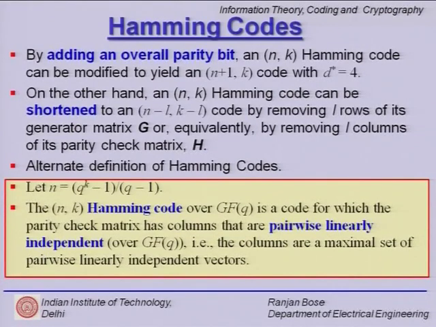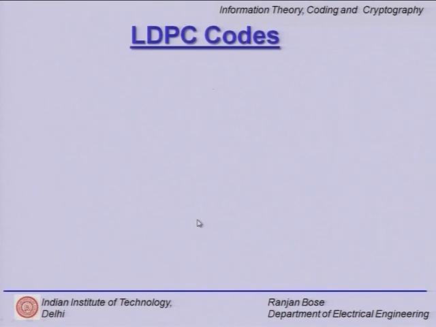So, we are now telling you in a different way how you can construct a Hamming code. We have to get the pairwise linearly independent columns of H, and once we have H, we can always construct a G and vice versa. That is, the columns are a maximal set of pairwise linearly independent vectors. And we saw the simple example for a 7,4 code, where each of the columns were pairwise linearly independent, but 3 of them added up to 0.